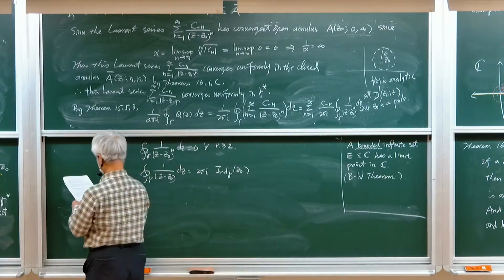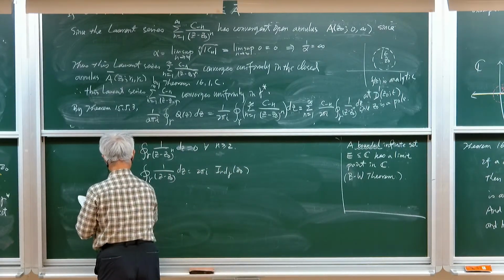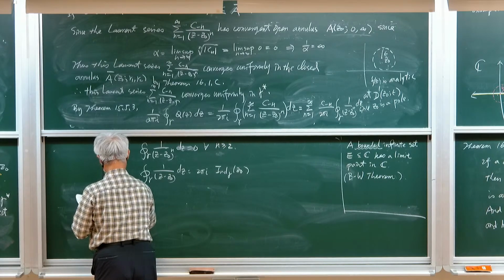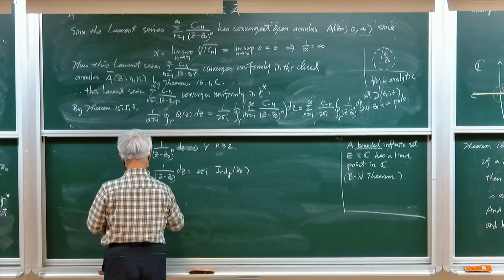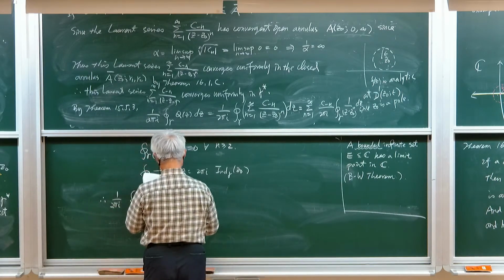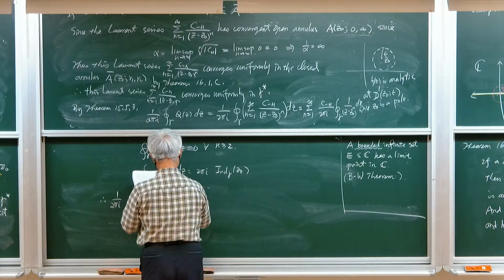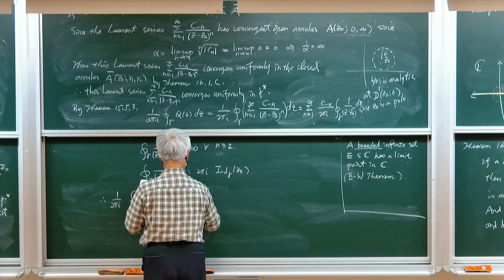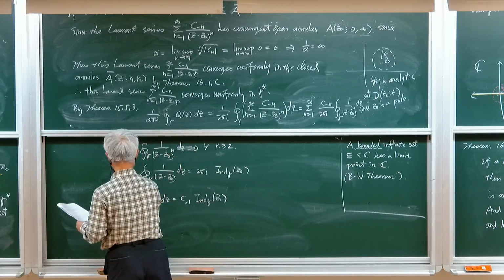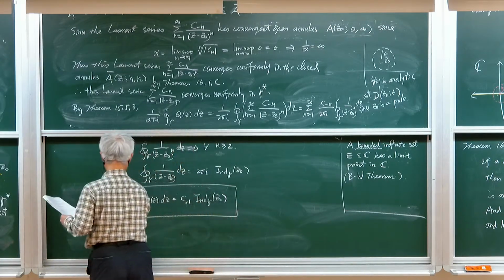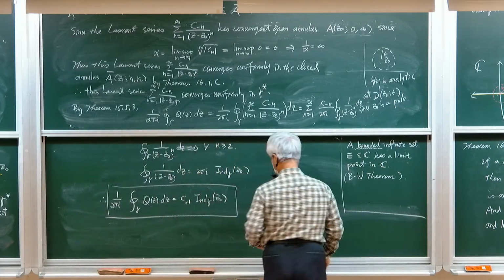So that we finally have the principal part. This comes to c minus 1 times the index of gamma at z0.